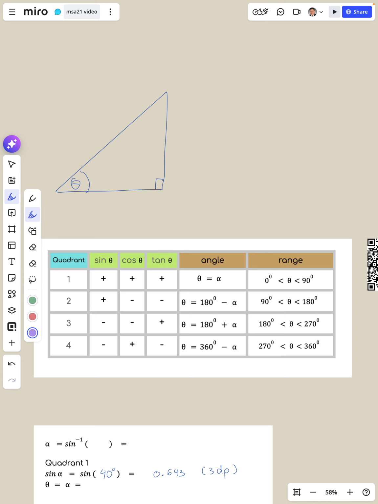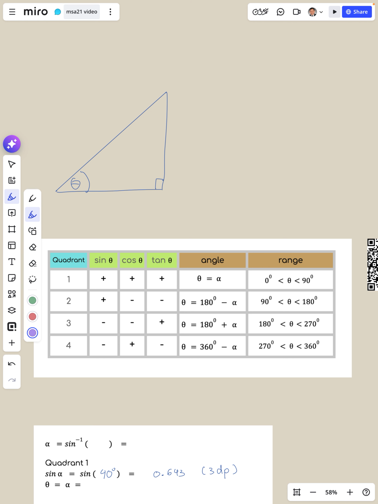It contains the positive and negative sign of each trigonometry ratio, for sine, cosine, and tangent, for each quadrant.